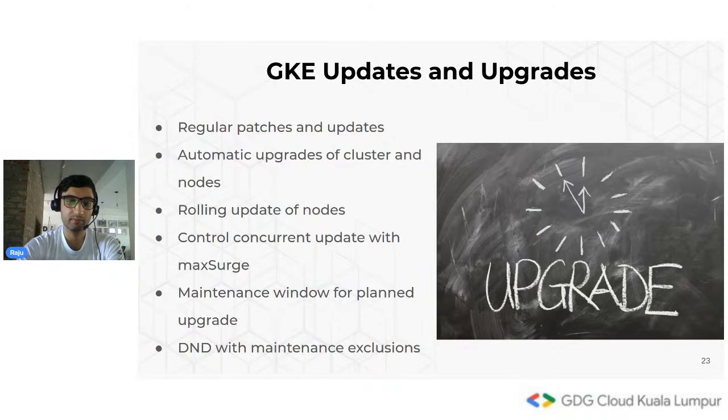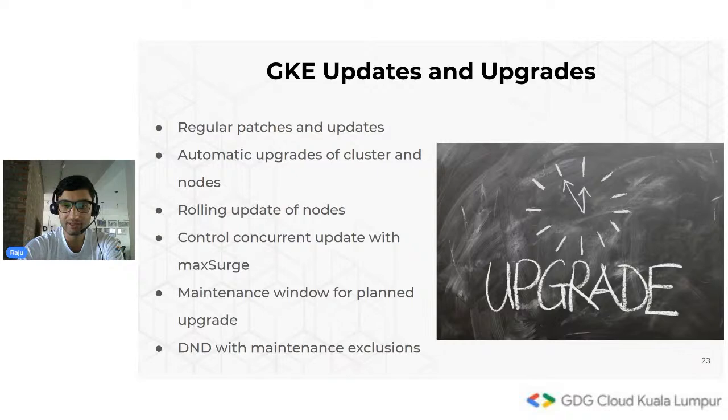And the important feature of GKE, which is very useful for any cluster, like production or dev or any of those, is the upgrades, patches and updates of the cluster. So GKE provides regular patches and updates of the cluster, and while creating the cluster as well, we could configure whether the upgrades have to be rolled out automatically, or we just roll them out manually for this cluster, and those nodes are going to be rolled out in a rolling fashion.